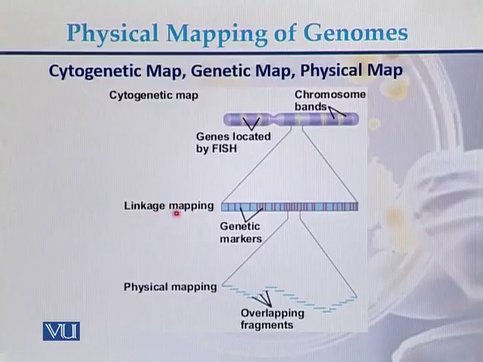In linkage mapping, which is usually performed with the help of genetic markers, that also does not show the exact location of the genes. While physical mapping is performed by sequencing the genomes. So by sequencing the genomes, we can know the exact location of the genes on the chromosomes.